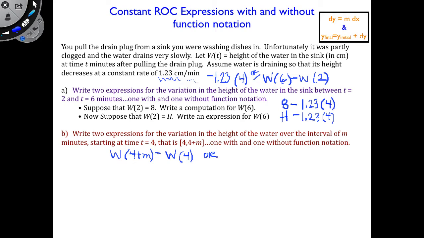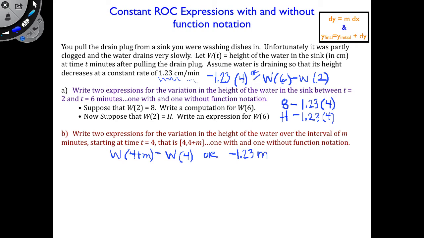But our m is the number of minutes that have gone by, and for any number of minutes that have elapsed while the water is draining, the change in the height of the water is 1.23 times that in the opposite direction. So in a negative direction, it's decreasing as this time elapsed increases.